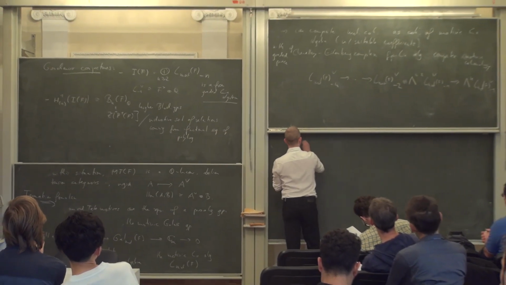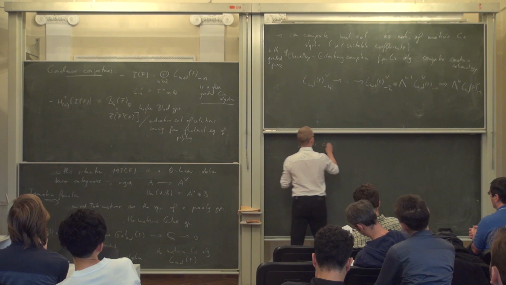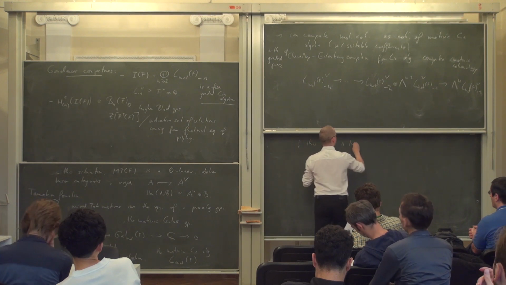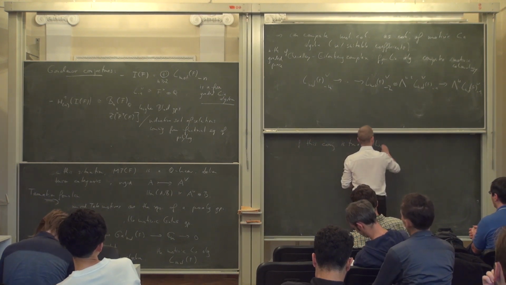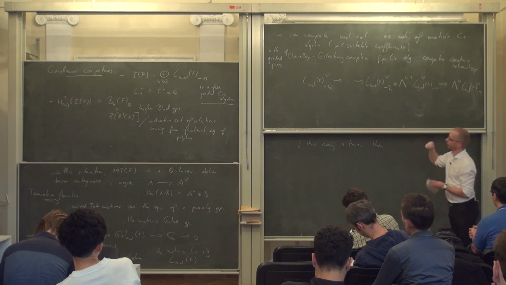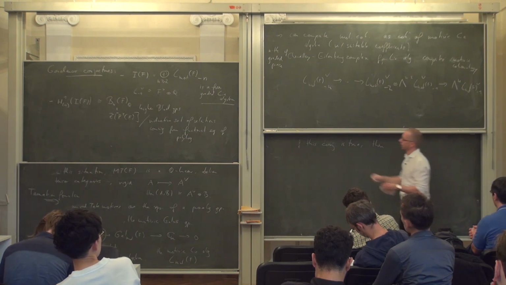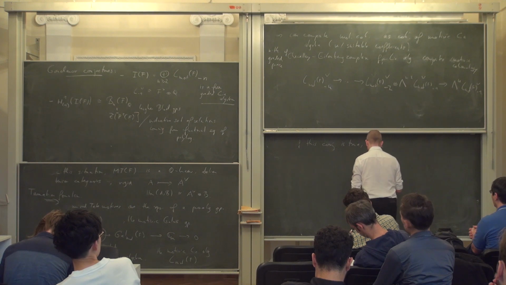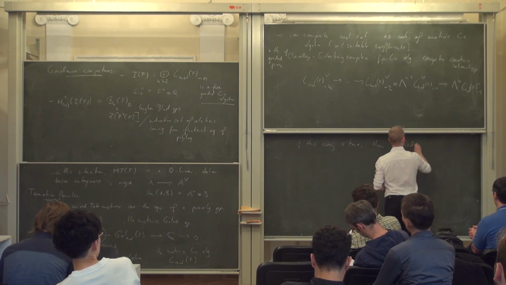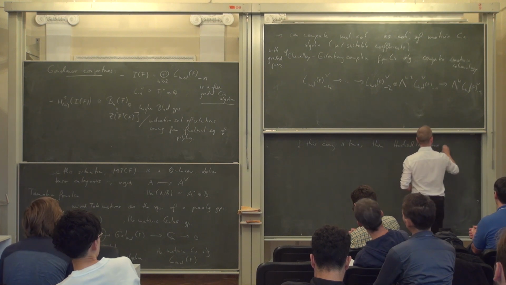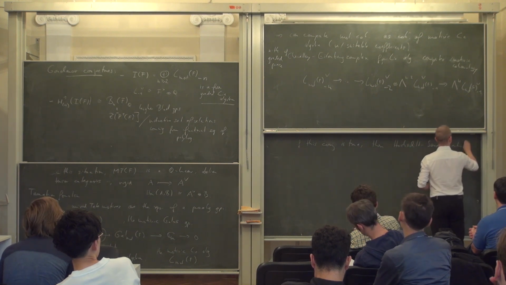So if this conjecture is true, then this is what Goncharov proves in his paper on Zagier's conjecture for zeta 3 already. Then the Hochschild-Serre spectral sequence.